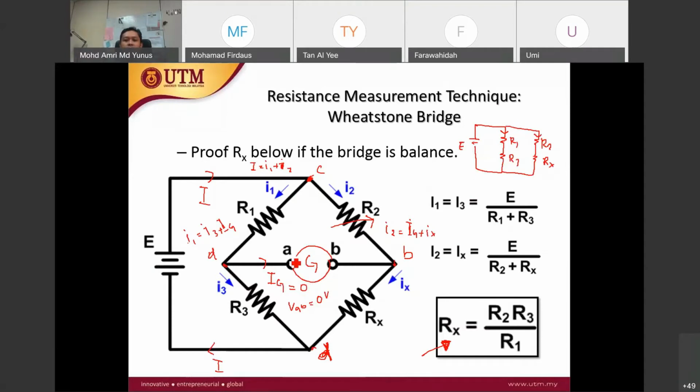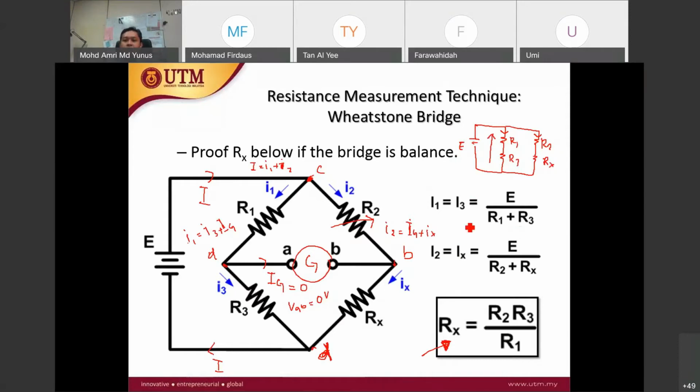This is as good as an open circuit between A and B. So the voltage drop across R1 and R2 will be equal to E. The same goes for R2, which is in series with Rx.